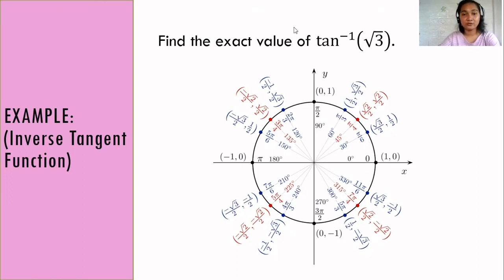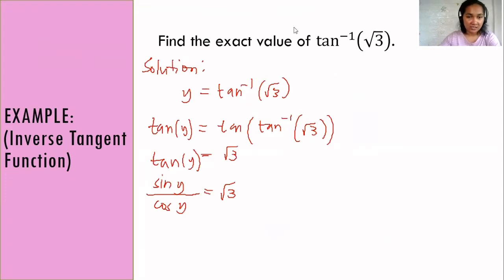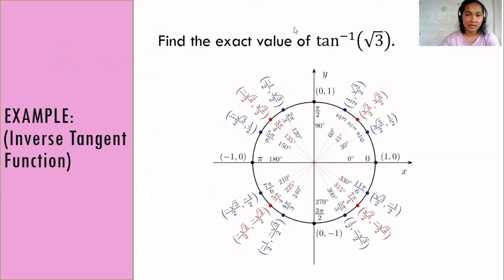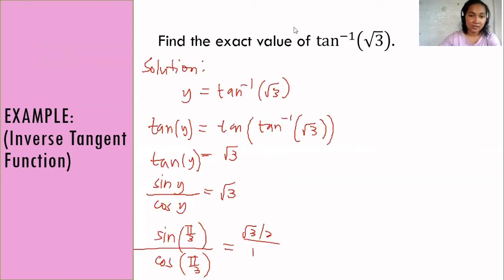That means for the y value, we'll have sine of pi over 3 divided by cosine of pi over 3, which will be equal to square root of 3 over 2 divided by, what was again our cosine for this one? Let's go back to the unit circle. We have square root of 3 over 2 divided by 1/2.